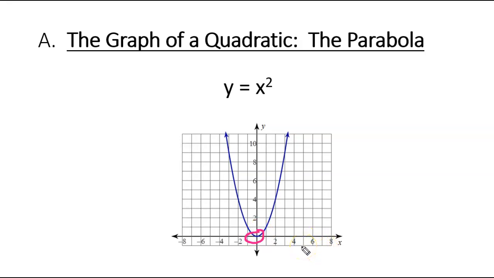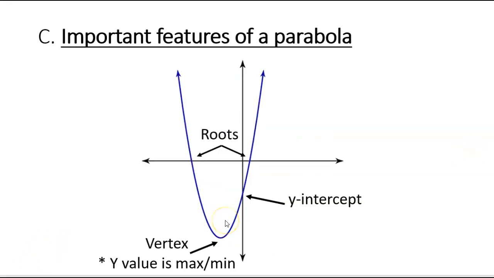And the vertex can be either a minimum, which is a lowest point, or a maximum. So here's a picture that's coming up a little bit later in our notes, but the vertex can be a minimum or a maximum. In this case, it would be a minimum since it's at the bottom of the graph. But if you had one that was upside down, then your vertex would be a maximum.